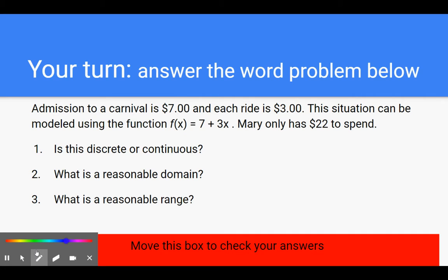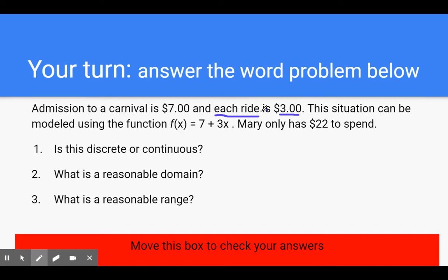In this problem, it says the admission to a carnival is $7 and each ride is $3. This situation can be modeled using the function f of x equals 7 plus 3x. So 7 is that base fee that you have to pay no matter what, $7 to get in.